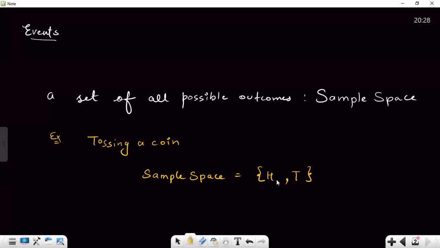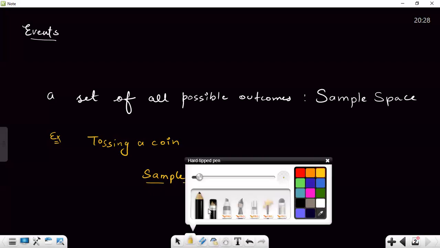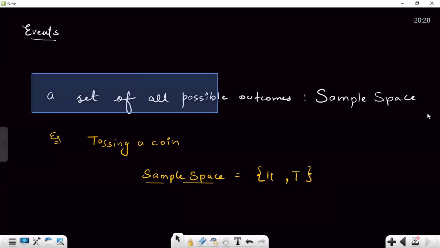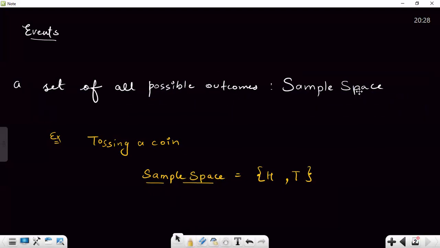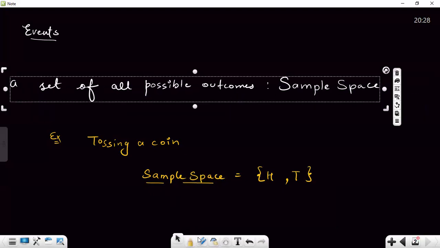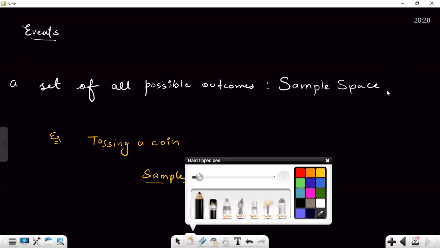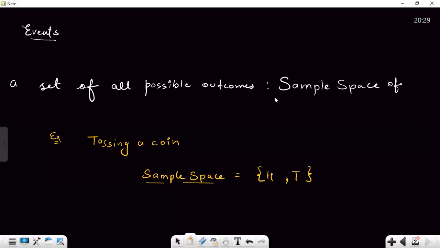So there are two possible outcomes. If we write all the possible outcomes in a set, then that particular set becomes the sample space of an event. So we are continuously improving our definition. Sample space of an event. The event was tossing a coin.